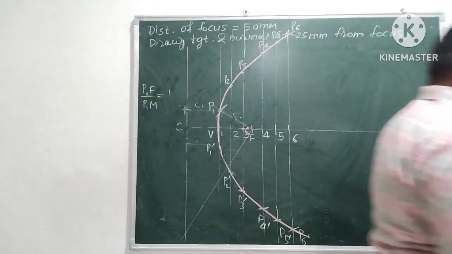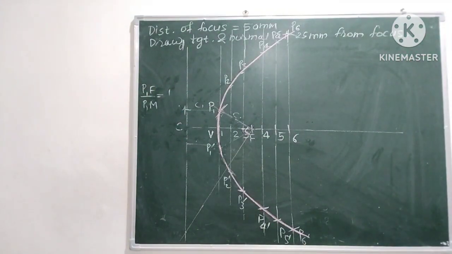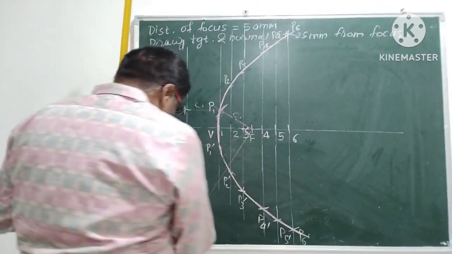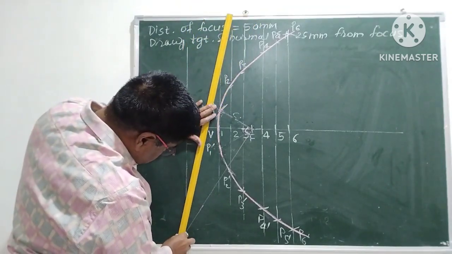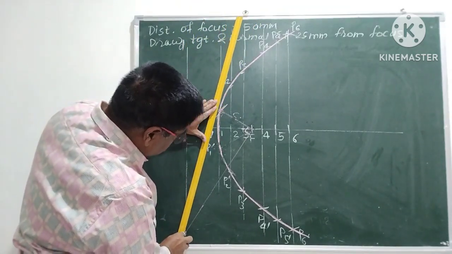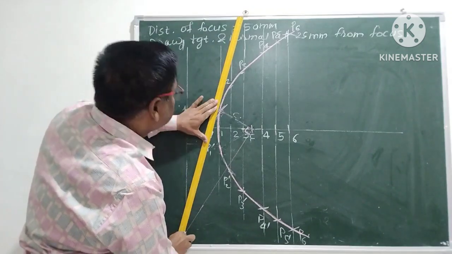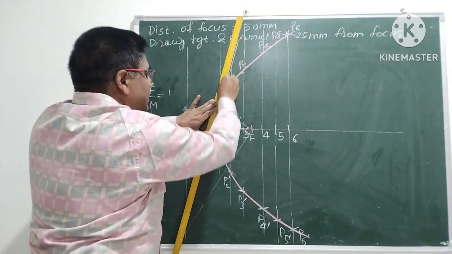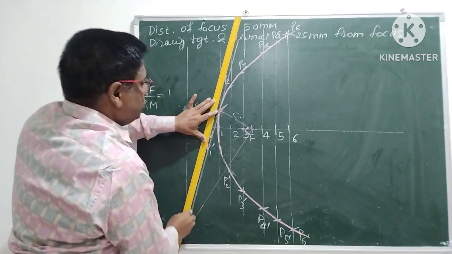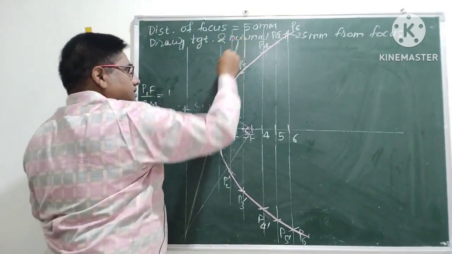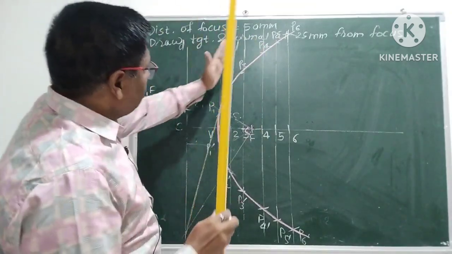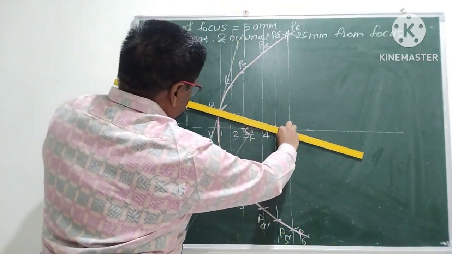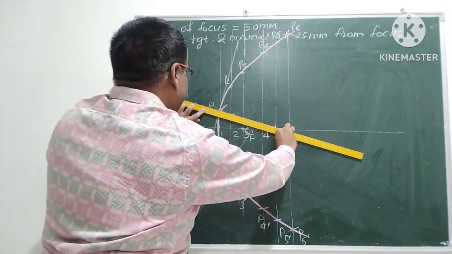Now after this, join this point with point P and further extend that line, which will give you the tangent. This yellow line is the tangent, and the line perpendicular to this line at P will give the normal.